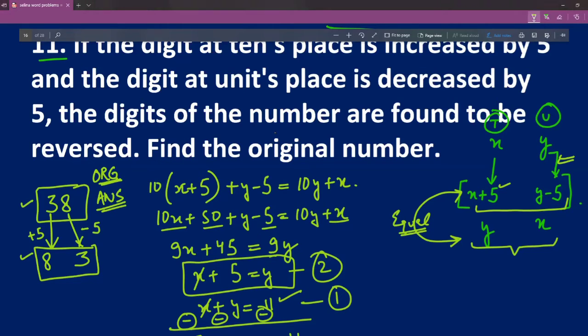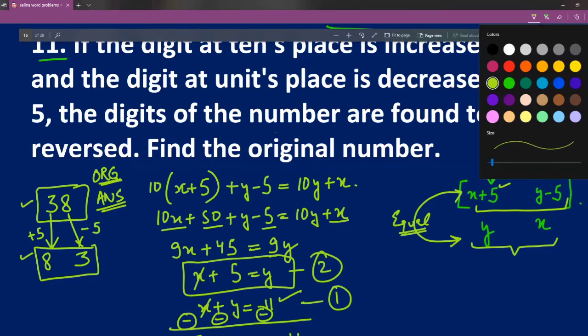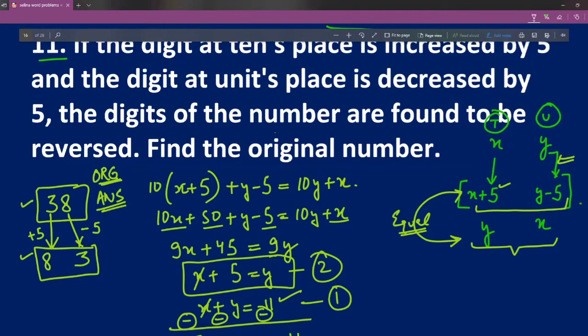This is the equivalent of saying that this number was xy. I decreased this by 5, so this became y minus 5, and this became x plus 5, and consequently my digits got reversed. That is, this became y and this became x.